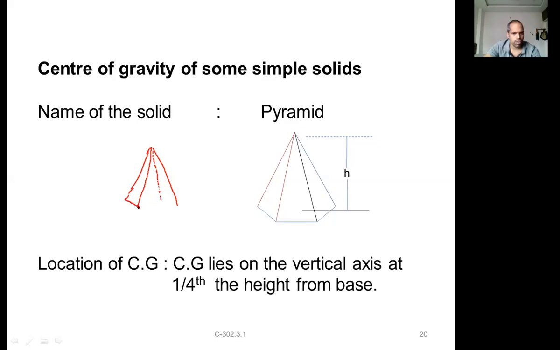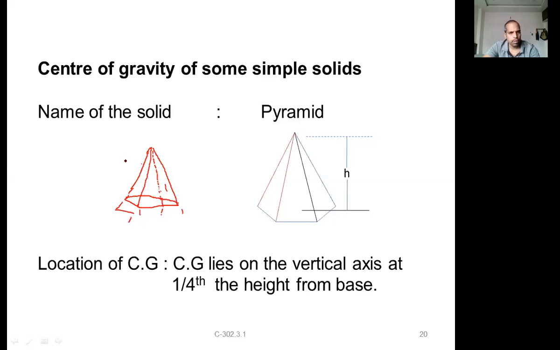This is one side, and this is another side. If you say this is the front side, this one is the left side, this one is the right side, and the other is the back side.